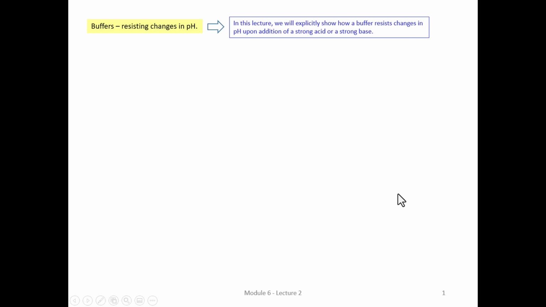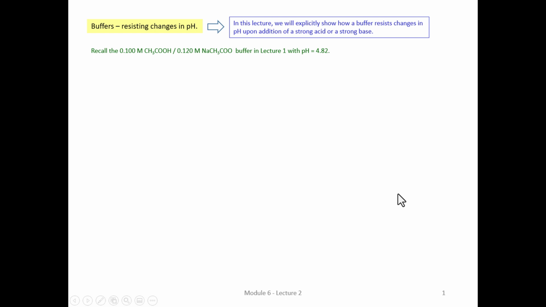So in this lecture, we will prepare buffers, at least on paper, and then we will show that when you add a strong acid or a strong base to the buffer, that buffer will resist changing the pH that would normally occur when you added a strong acid or a strong base to an aqueous solution.